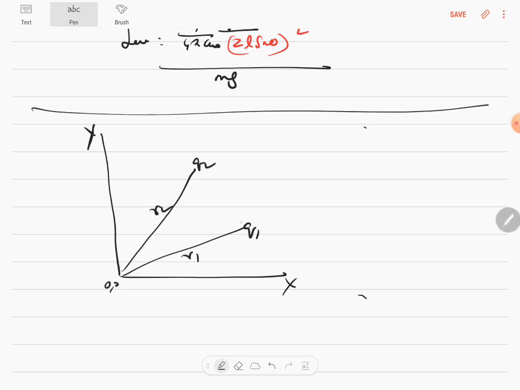Q1 will exert a force on Q2, which will be called F21. Its affected party is 2, so F21. The position vector r1 is in this direction, and r2 vector goes in this direction.